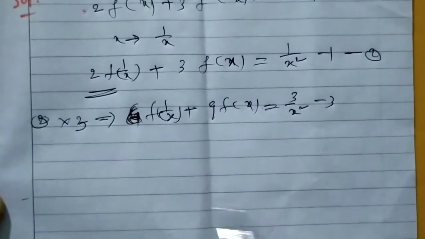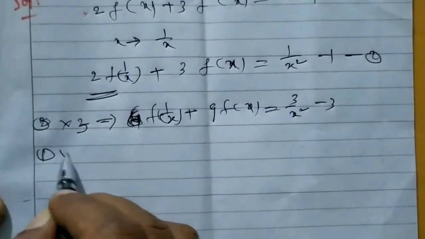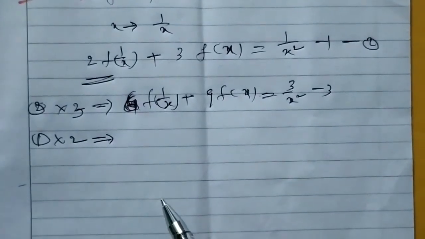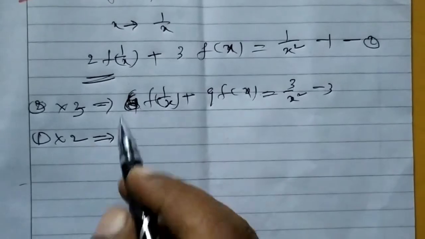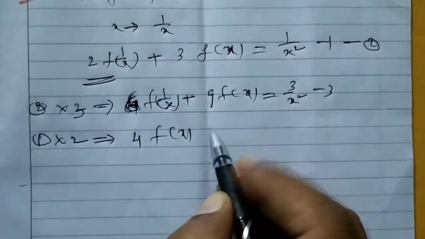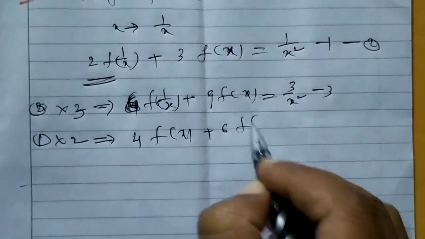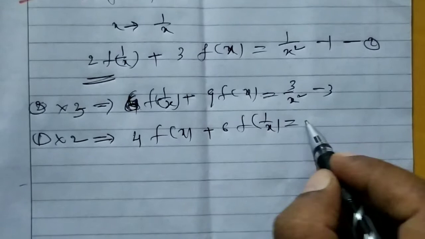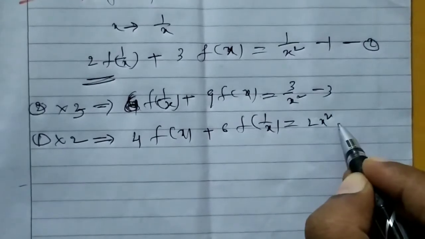It is multiplied by 3. And equation 1 is multiplied by 2, implies 4f(x) + 6f(1/x) = 2x squared - 2.